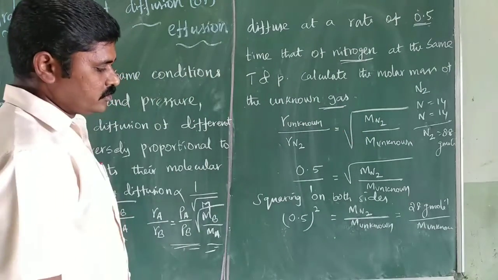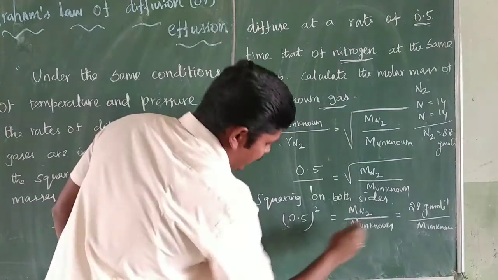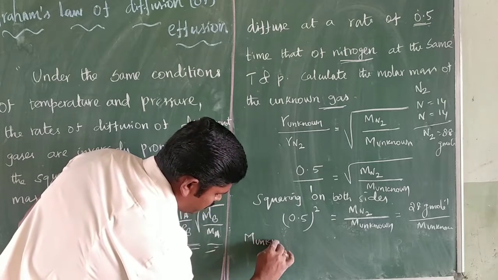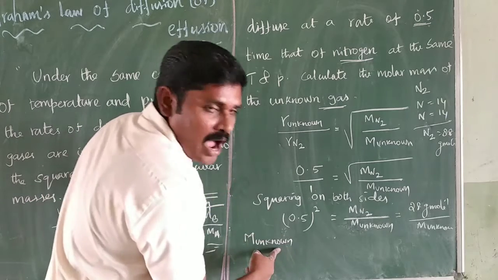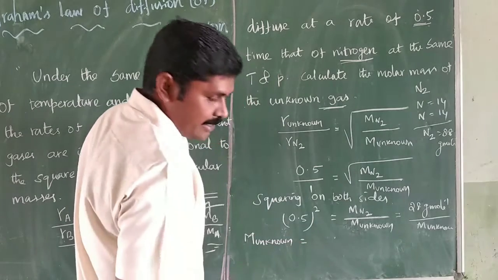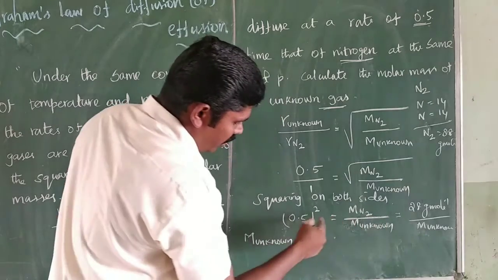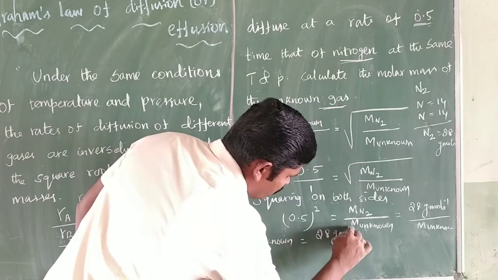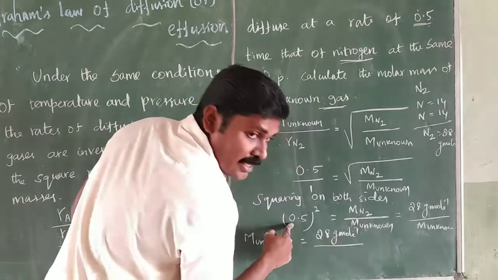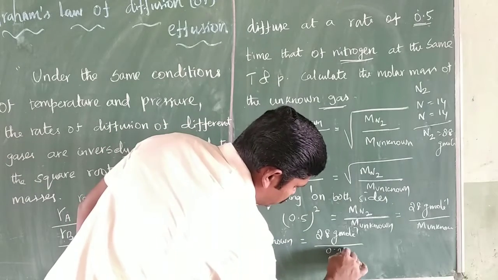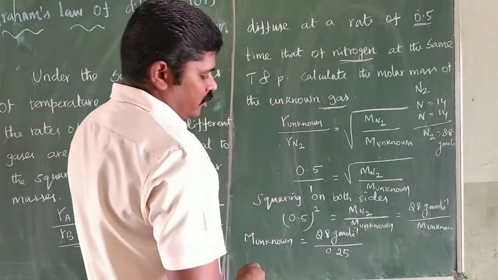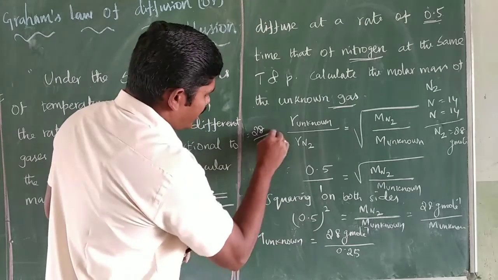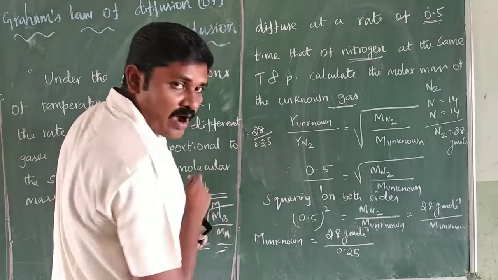So M unknown is equal to 28 gram per mole divided by 0.25.